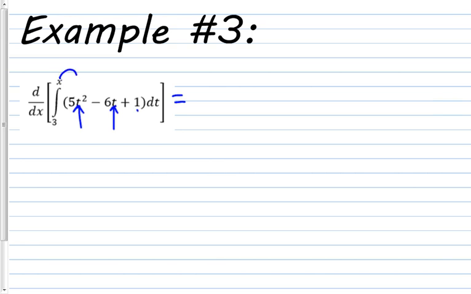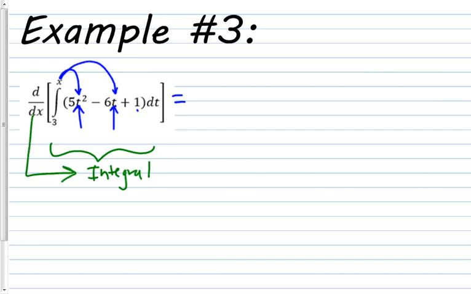So this x is going to replace every single t. So my answer, because this is the integral, this is an integral, and I am deriving that integral, my answer is simply 5x squared minus 6x plus 1. That's it.